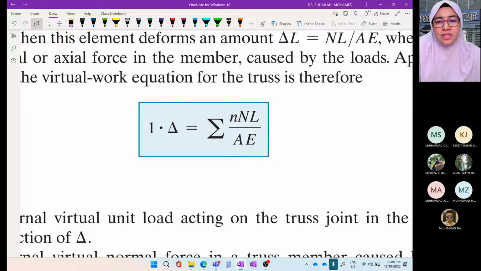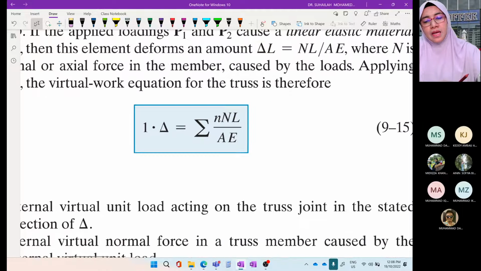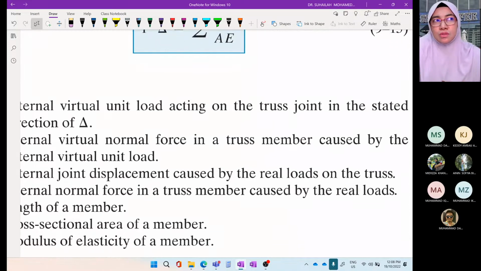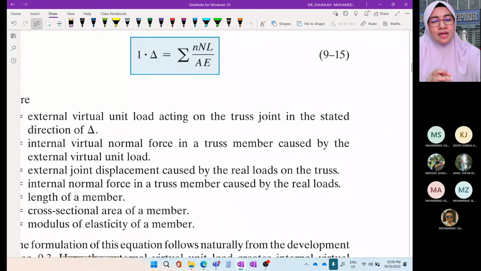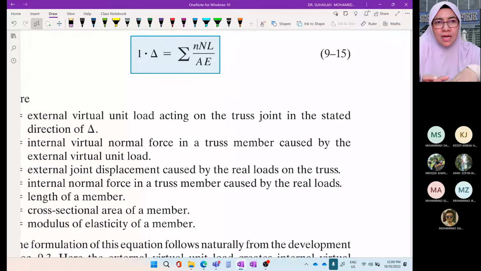And actually deflection in structure can also due to effect of temperature and effect of fabrication error. Yang tu semua kita akan cover dalam flexibility method kita akan cover all. Maksudnya ada effect selain daripada external loading, kita maybe consider effect come from temperature changes and fabrication error.